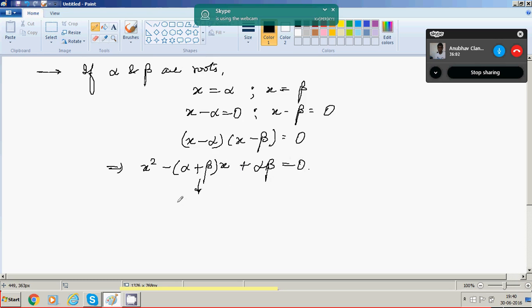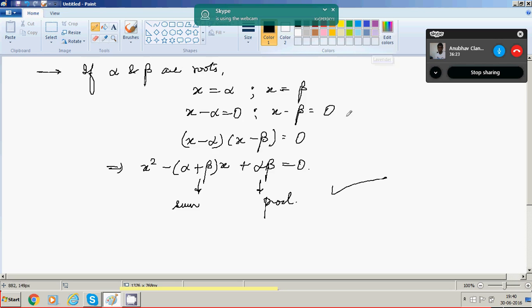This is nothing but x squared minus sum of roots, plus product of roots, right? Okay, so that's a beautiful, cute little theory.